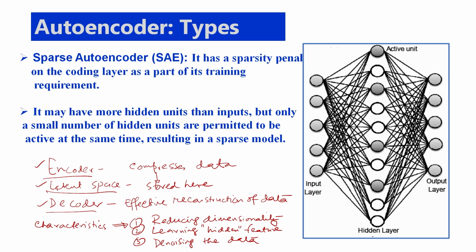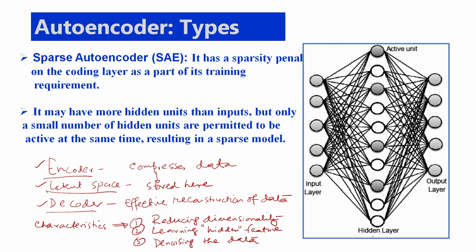So, there are different types of autoencoders. The first one we talk about is the sparse autoencoder. It has a sparsity penalty on the coding layer as a part of the training requirement. What is it? It may have more hidden units than inputs, but only a small number of hidden units are permitted to be active at the same time. That is why it is called a sparse model.